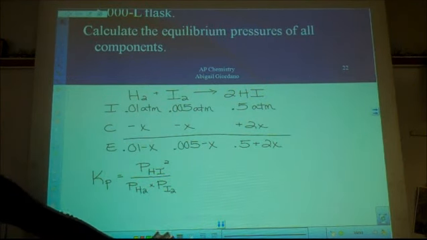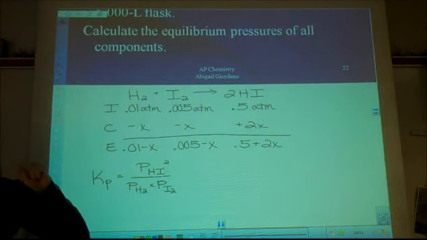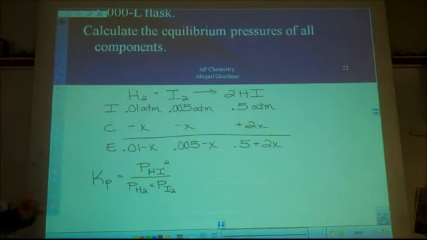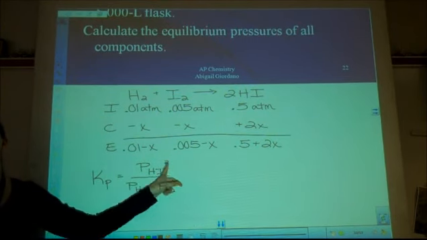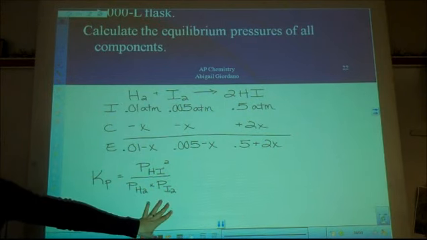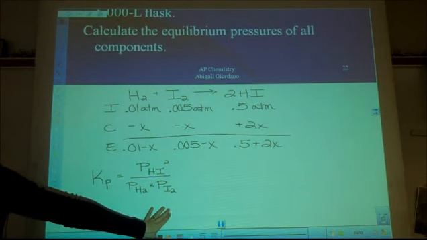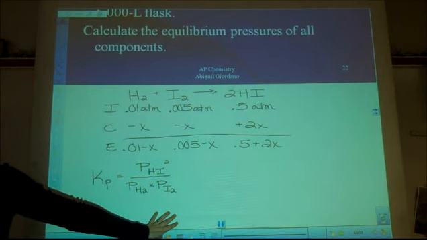Pause wherever you are. Pause and look up. Everybody. Hopefully you wrote out a Kp expression and you're not already cutting corners. Please notice that my Kp expression does not have brackets. Does your Kp expression have brackets in it? It shouldn't.